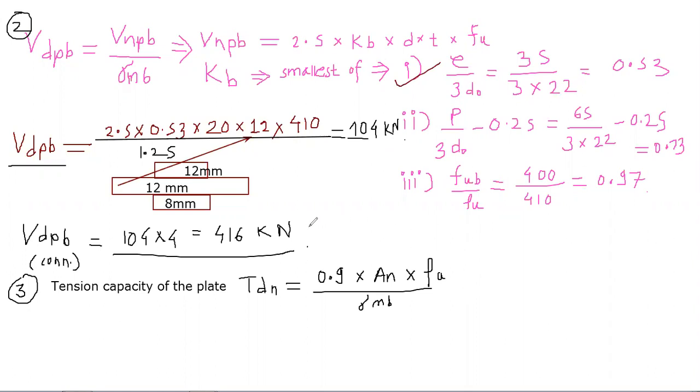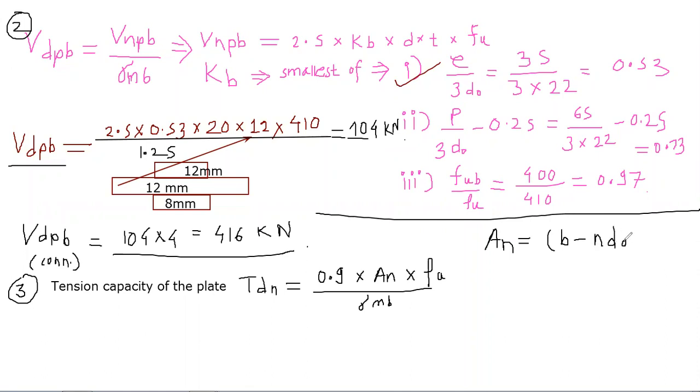Now the important thing is how to get the value of AN here. In case of the plate, the formula is different. The formula is (B minus N into D0), that is the hole diameter, multiplied by T, which is the thickness. Okay. So what is the B?